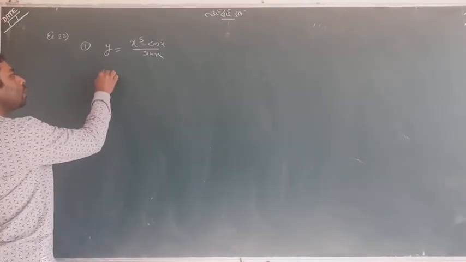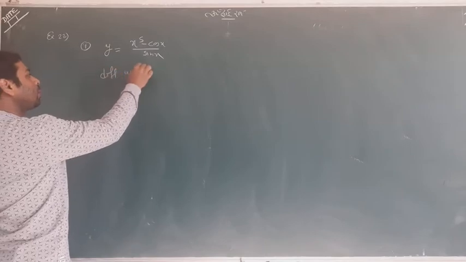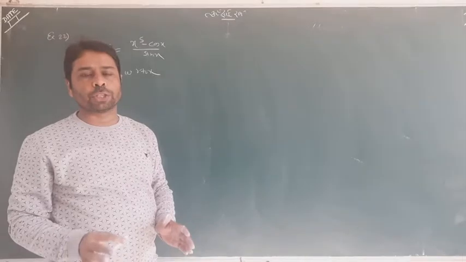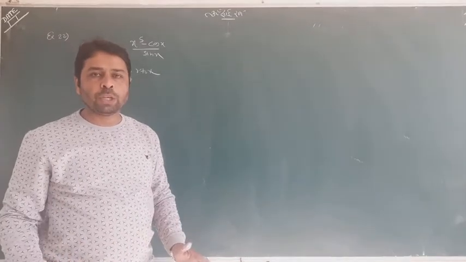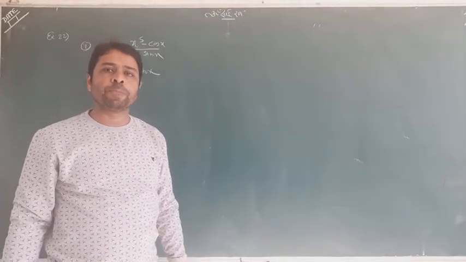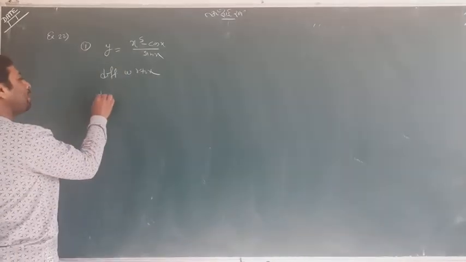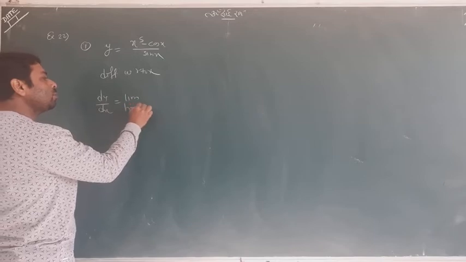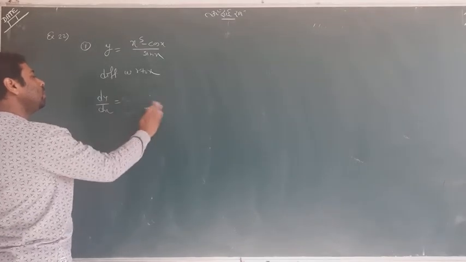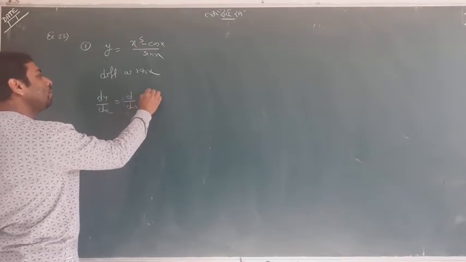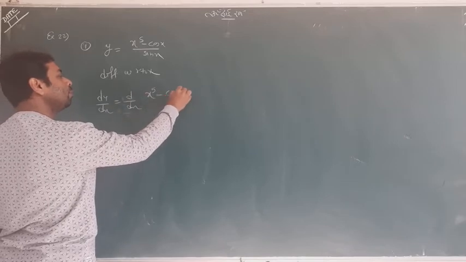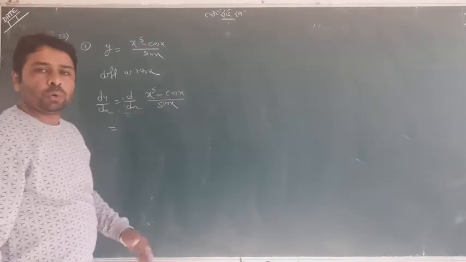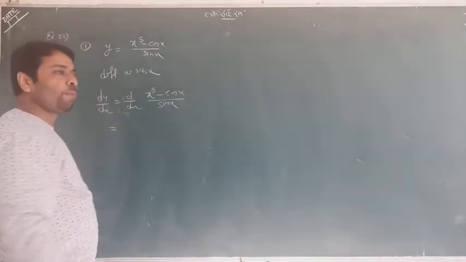What you will do, you will write differentiate with respect to x, and we are just told to find the differentiation, not by first principle. So we will not use the first principle method. We will use the fundamental law. d by dx of x to the power 5 minus cos x, and it's a division, so we will use the division law.